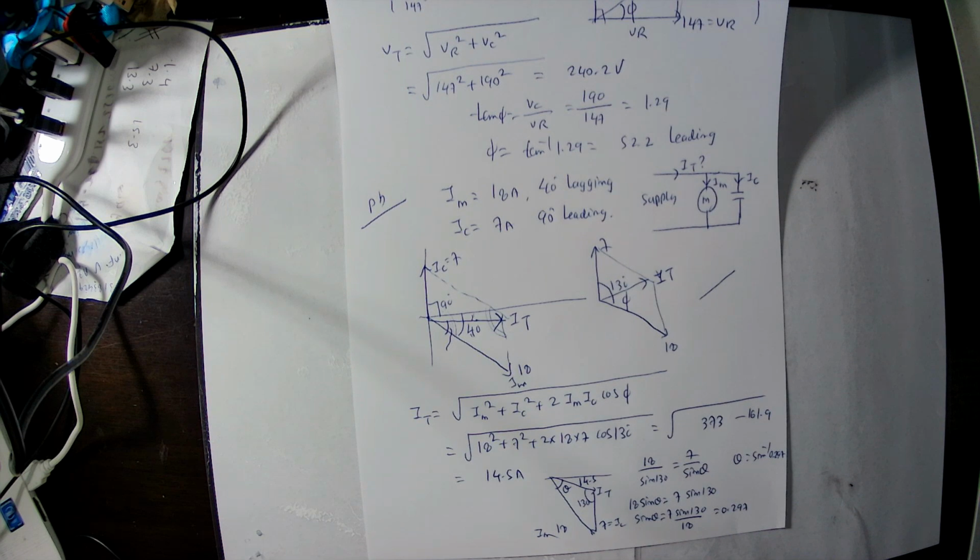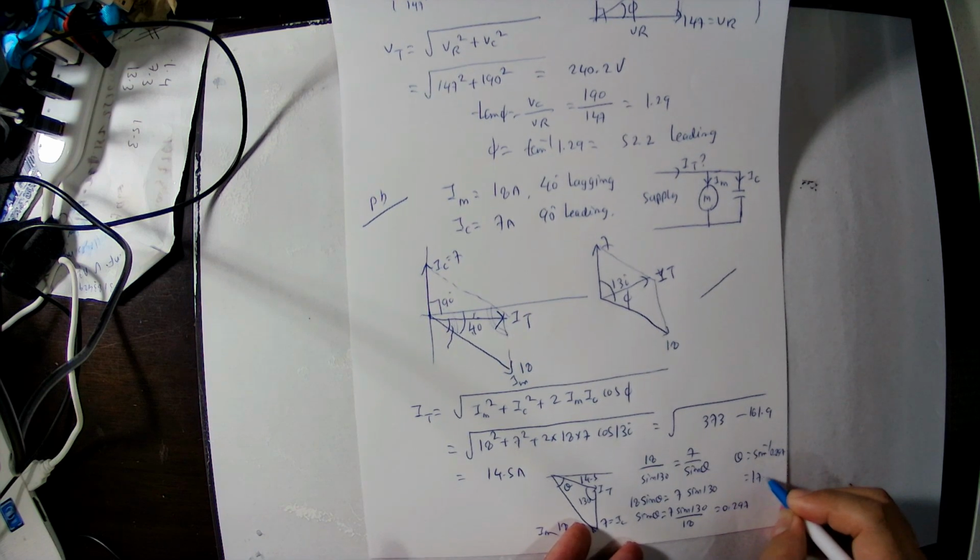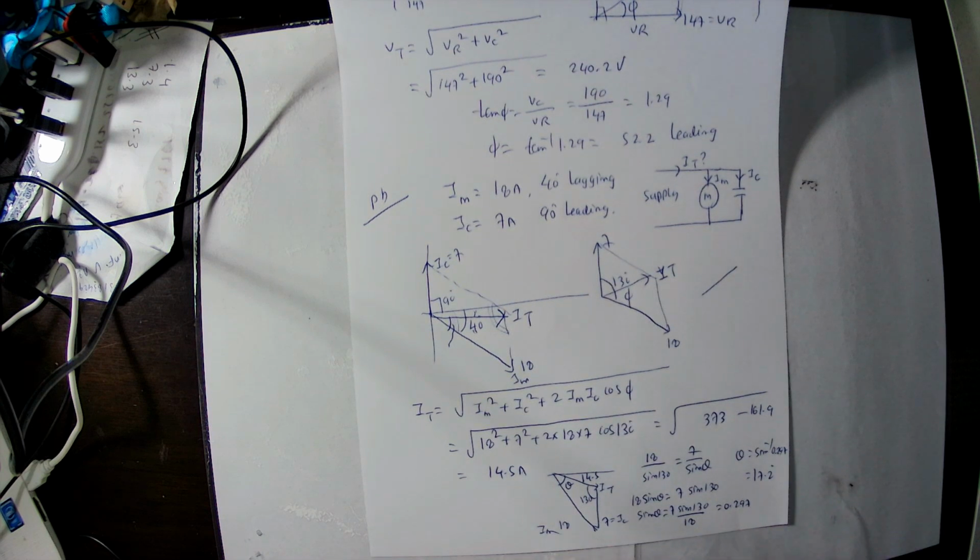So you get the angle as 70.2 degrees. So this is the way we can calculate the supply current angle.